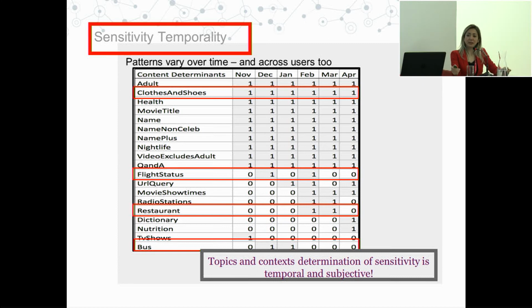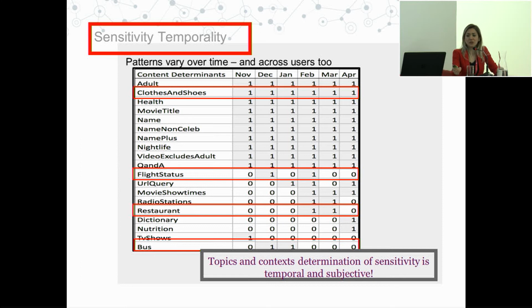And we also did the same thing at the user level. So we split the data into subsets that represent individual users. We did the same pattern inferencing, and we also found that patterns of users do vary significantly in what topics seem to be indicative of sensitivity.